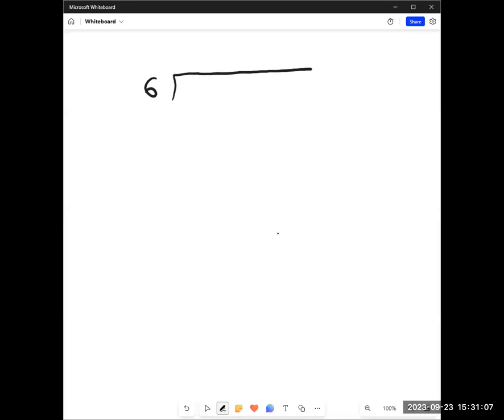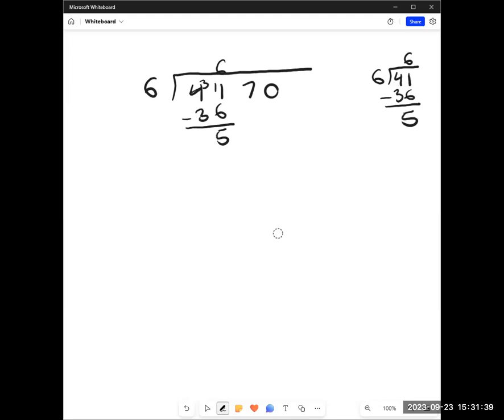So now we're going to divide 6 into 4,170. 6 cannot go into 4, so I'm going to look at 6 into 41. 6 goes into 41 6 times with 5 left over. So we're going to put the 6 up here, 36. I subtract, borrow and subtract, and there's 5. 5 is less than 6, so I'm in good shape. I'm going to bring down the 7.